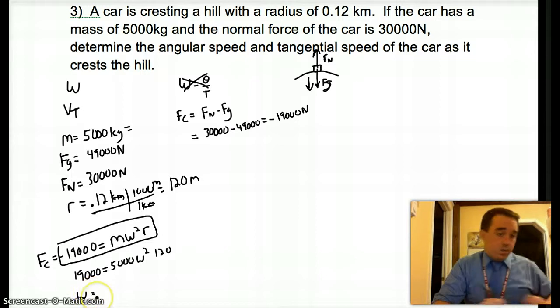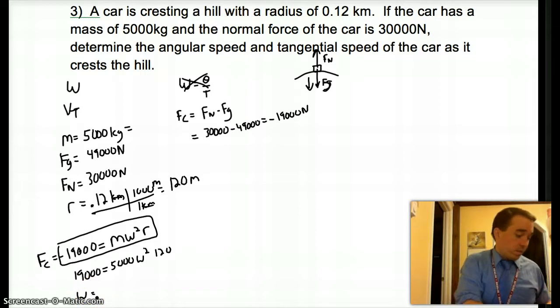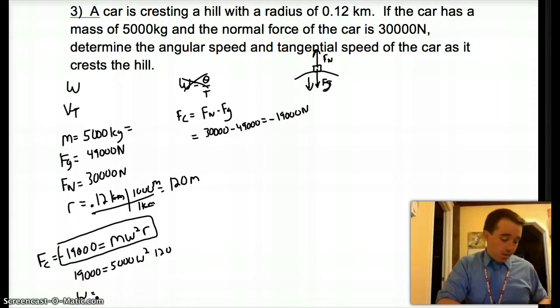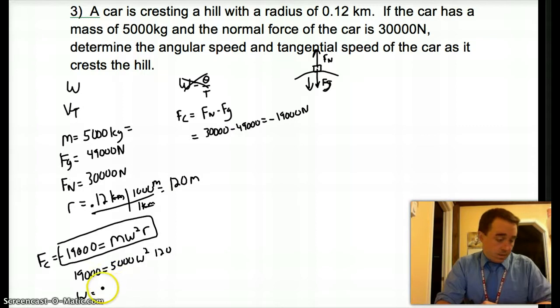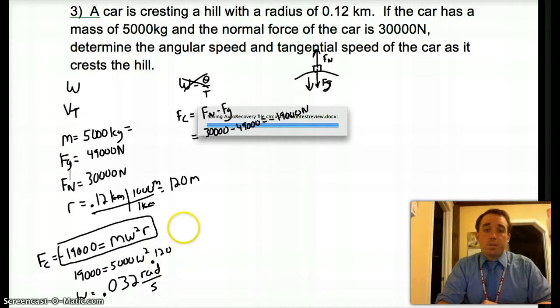Omega equals, kind of skip a step, but I think you can do the math. It's going to be 19,000 over, in parentheses, 5,000 times 120, and what I get is 0.032. The units for omega are radians per second.